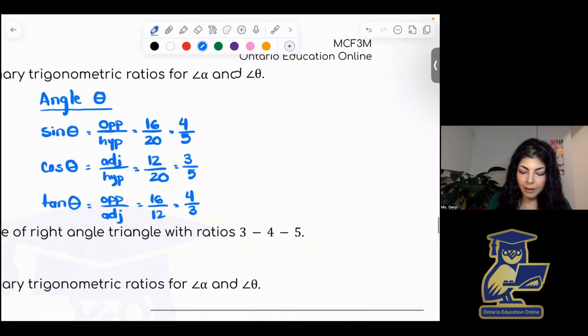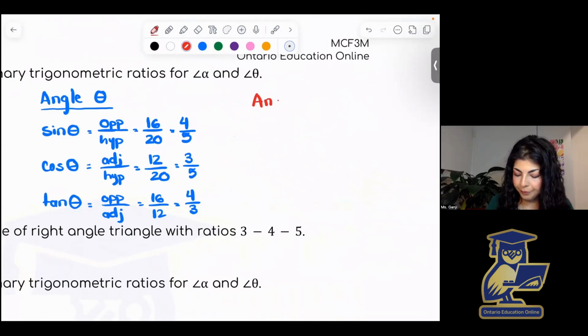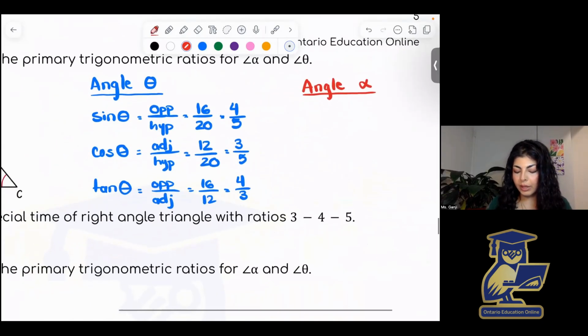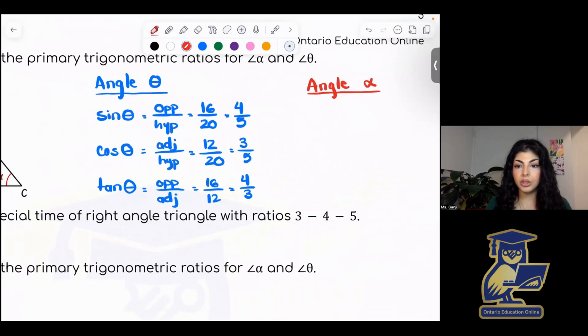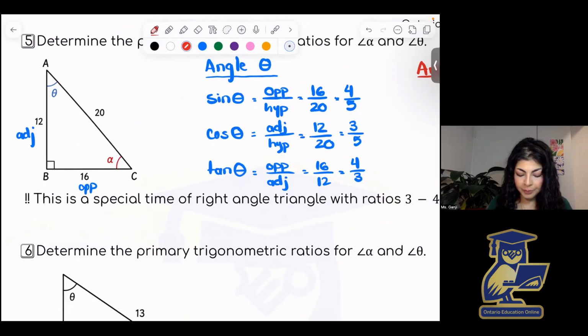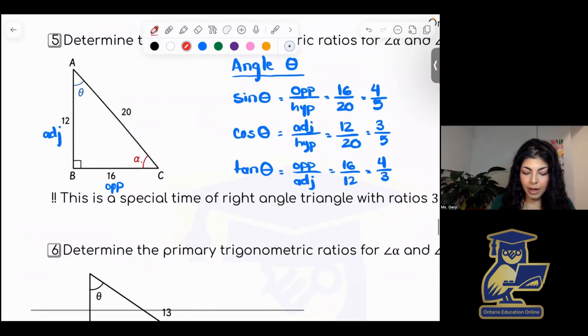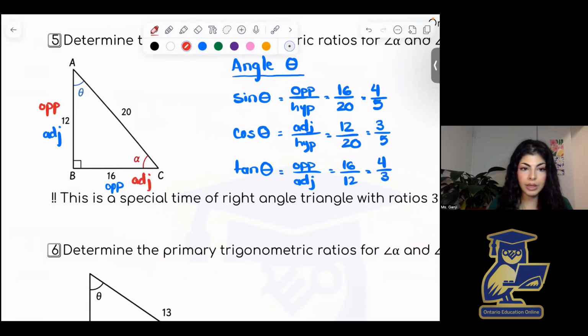Now, for alpha, and one thing also, you leave these as fractions. You don't need to evaluate them into decimal points. Fractions are okay. So now with alpha, this is the opposite side length, and 16 is the adjacent. And again, the hypotenuse never changes.